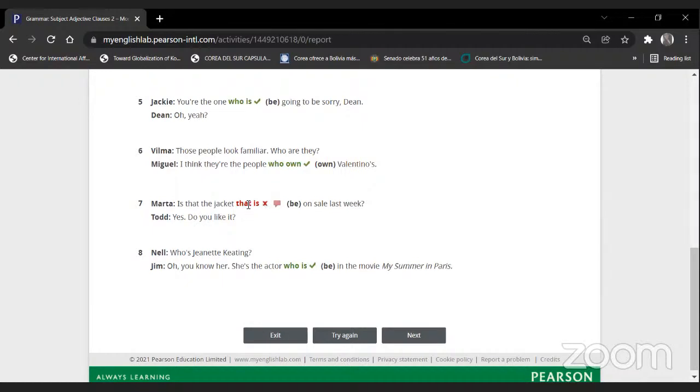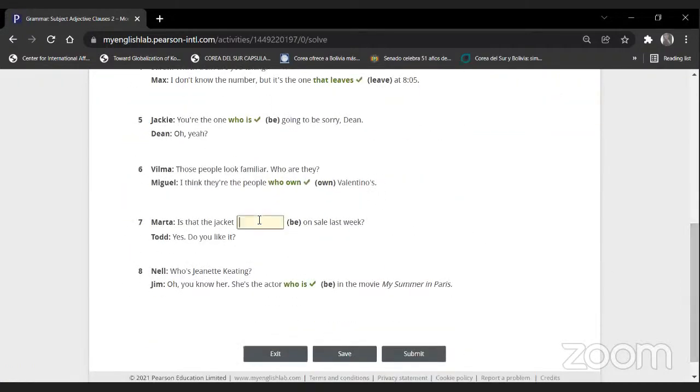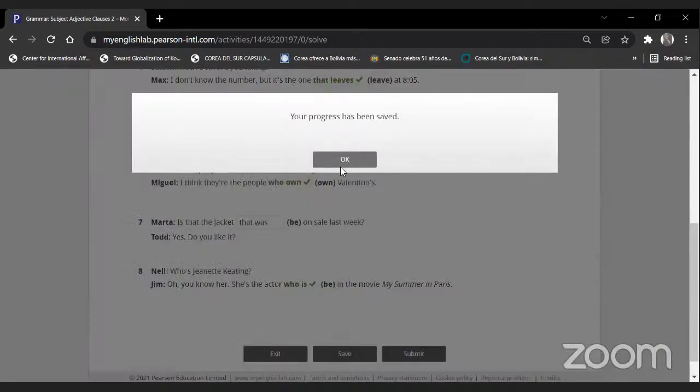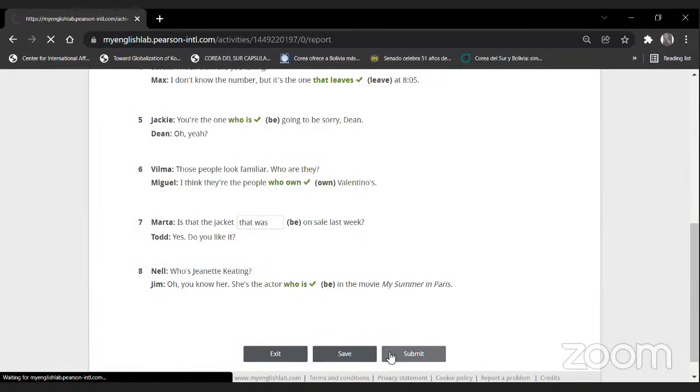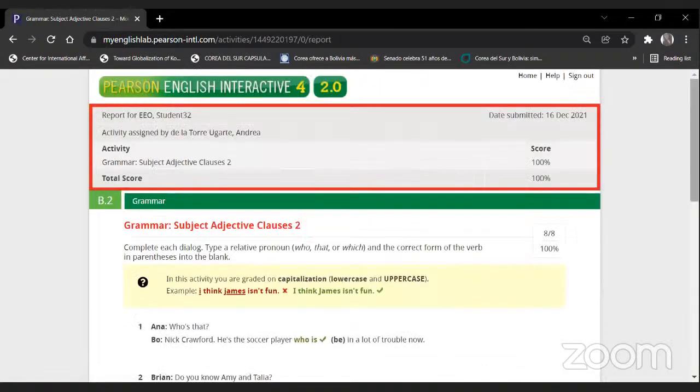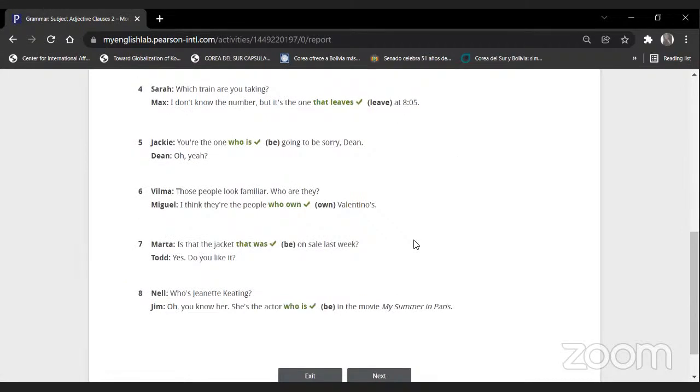No. The verb to be has to be in past because it says last week. Last week. Oh, yes. Is that right? The jacket that was on sale last week. Okay, perfect. Now everything is okay.